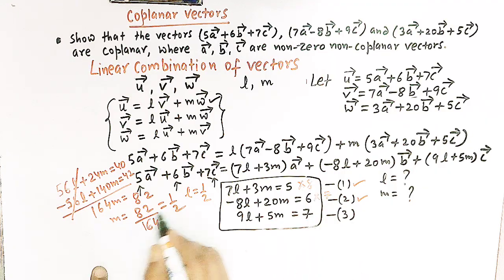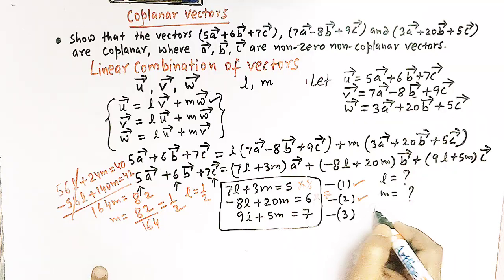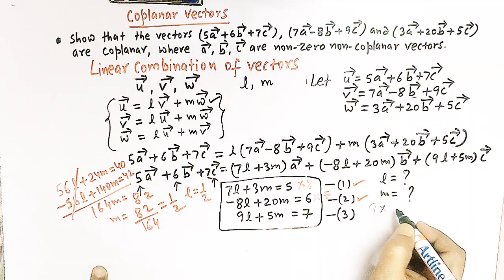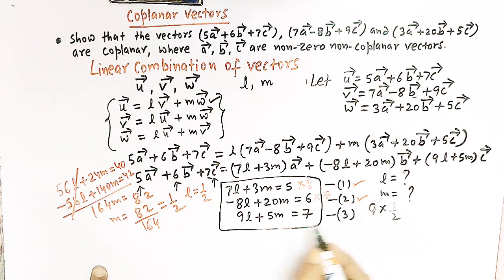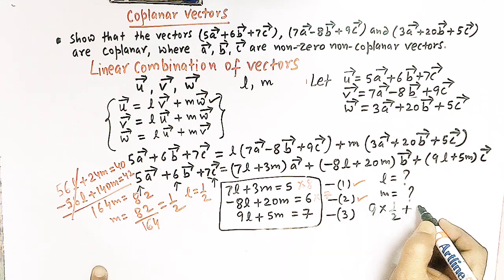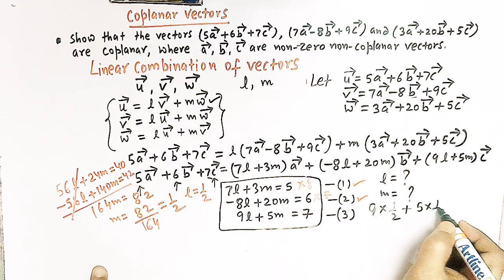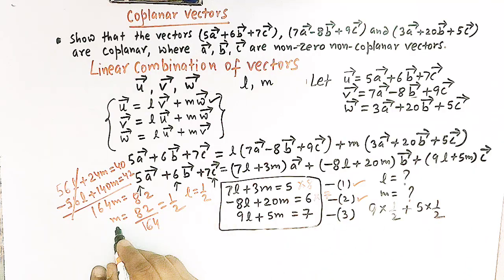So let us substitute the values of M and L in equation 3. So here we have 9 times half, that is the left hand side, plus 5 times half, right? So L is half, and M is also half.